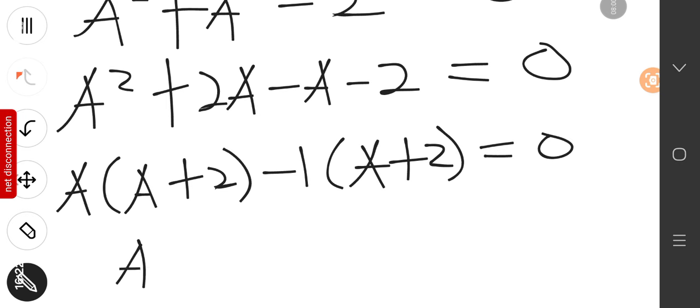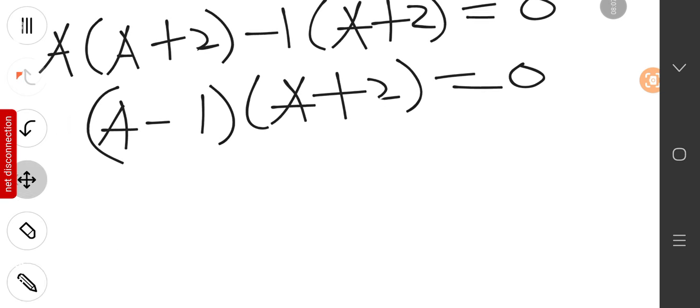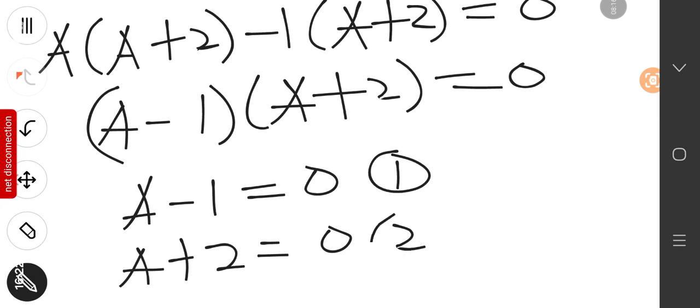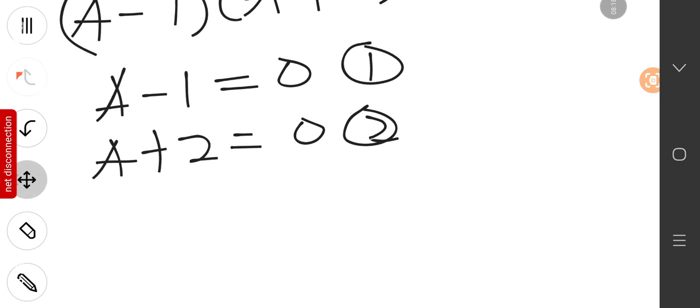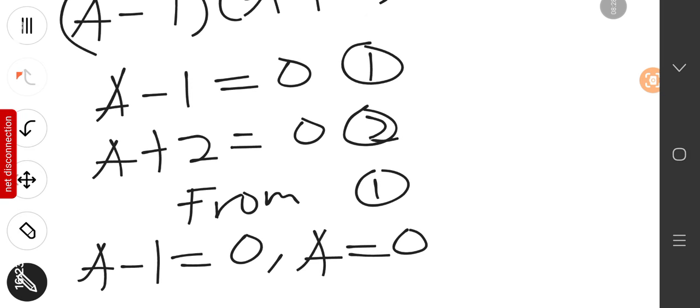So we have (a - 1)(a + 2) = 0. Let's call the first part equation 1 and the second part equation 2. So from equation 1, a - 1 = 0. So a = 1. So a1 = 1.